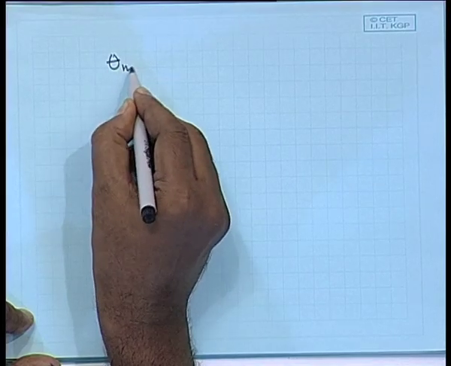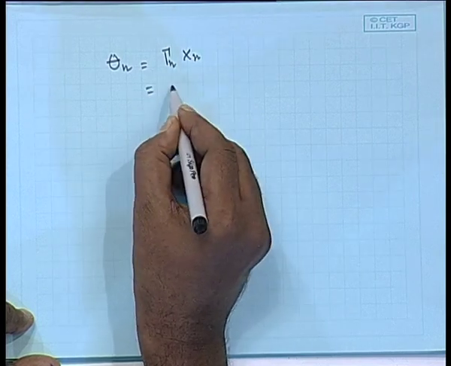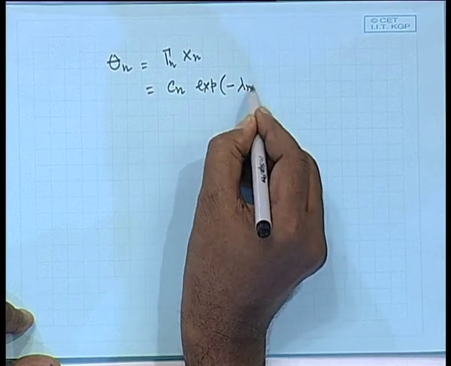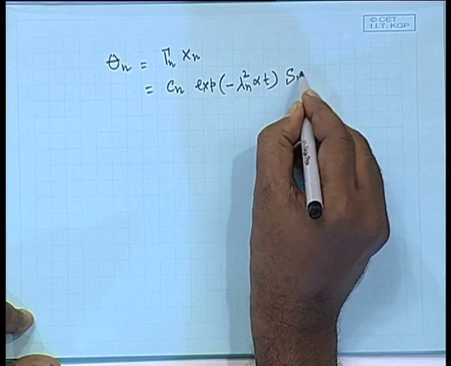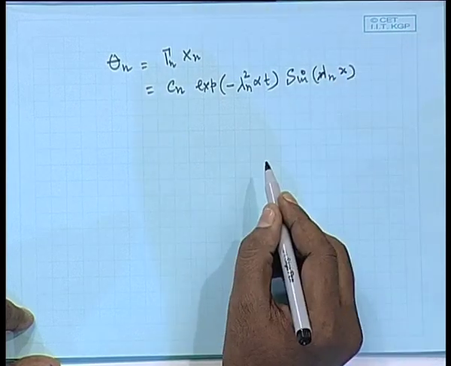The whole solution again can be constructed by theta n is tau n multiplied by Xn, a new constant Cn, exponential minus lambda n square alpha t, sin lambda n x.